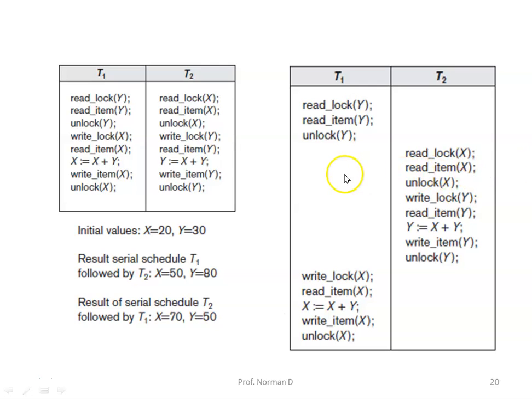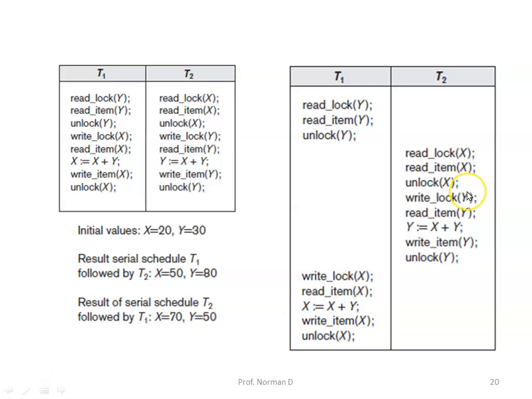Now in this example, it does not follow the two-phase locking protocol because the write lock X operation follows the unlock Y in transaction T1. Similarly, the write lock Y operation follows the unlock X operation in T2.